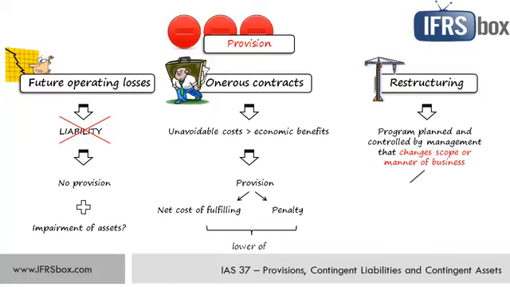First, a company must have a detailed formal plan that contains the minimum information about the related business, location, employees, expenditures, and sometimes schedule. Also, a valid expectation must have been raised by the company in those affected by the restructuring that the company will carry out the restructuring. And then IAS 37 specifies what components or types of expenditures can and cannot form part of a provision.